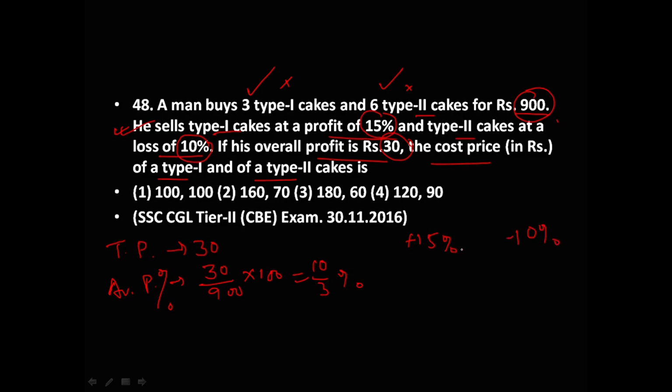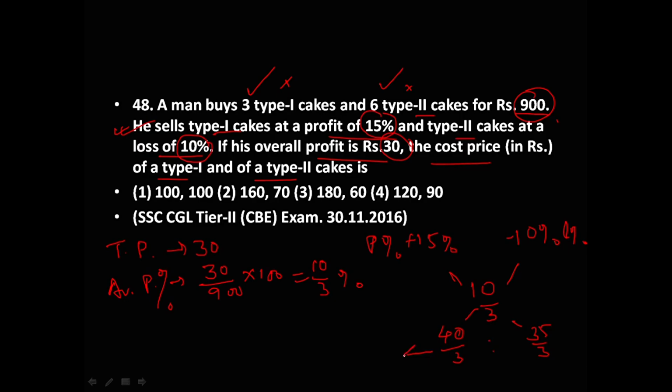Alligation. This is the profit percentage and this is the loss percentage. So the net is 10 upon 3. So it is 40 by 3, whereas it is 35 by 3.